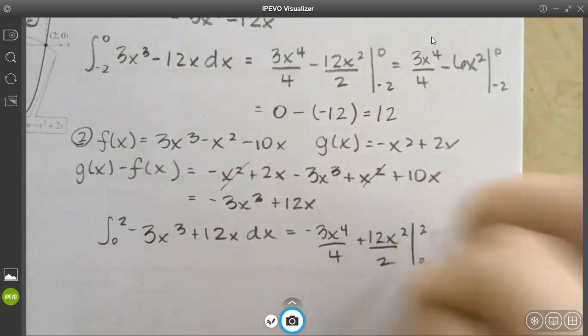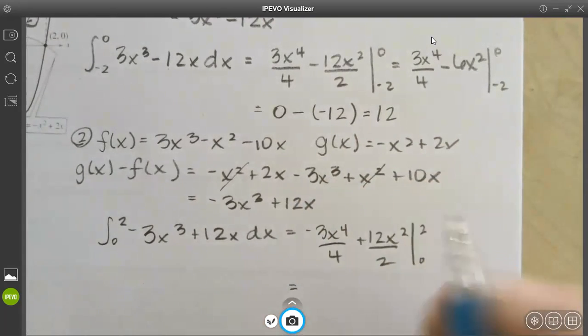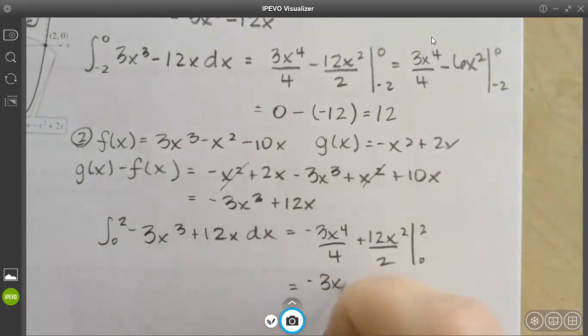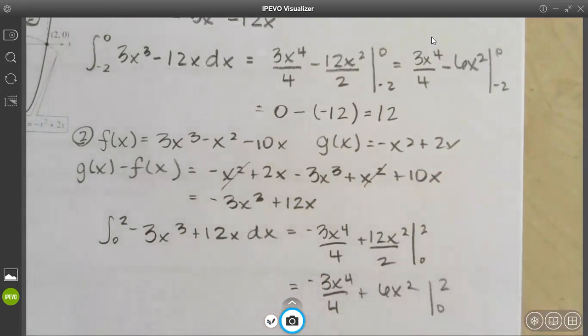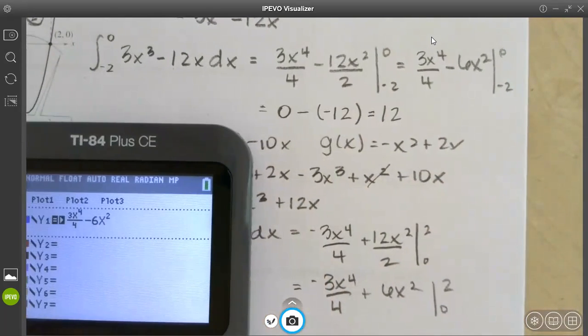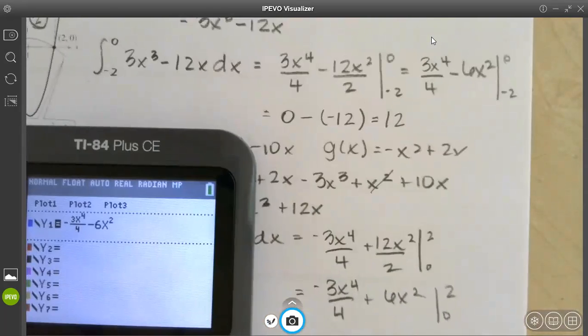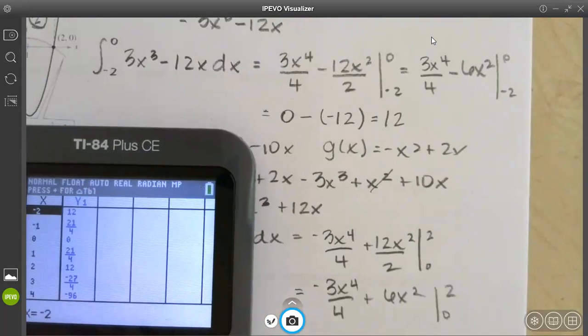From 0 to 2. Remember that this is the same thing, -3x to the fourth over 4 plus 6x squared from 0 to 2. So in my y equals, add that negative in, and this changes to positive. We're looking at 0 to 2.